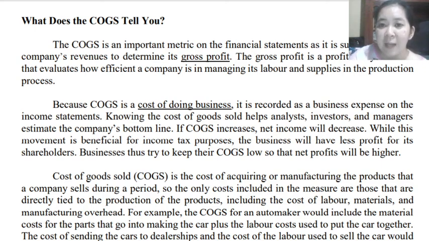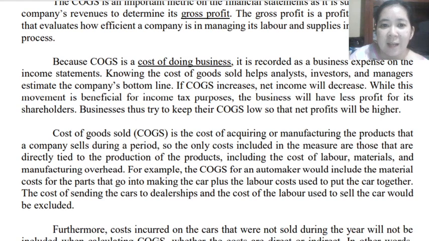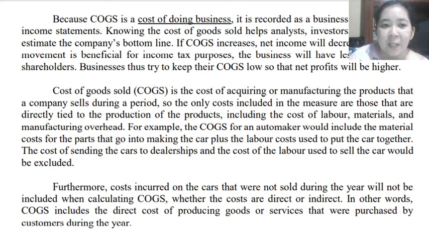But on the other hand, if the entity wants to increase their profit figure, they have to keep their cost of goods sold as low as possible. So again, this depends on the actual result, and not on the objective. But of course, if they have the objective, they should meet it as well.